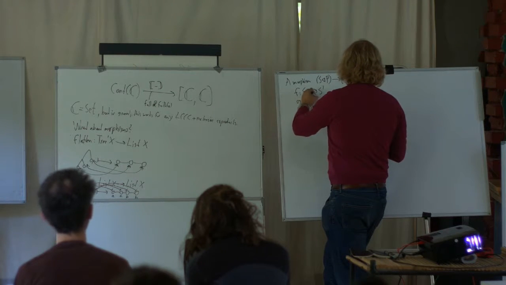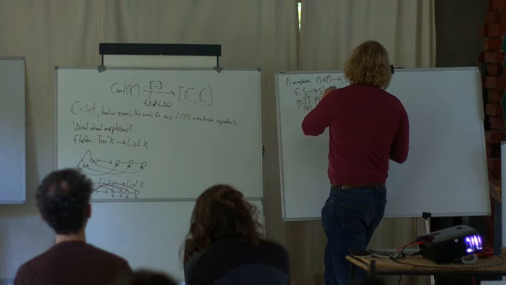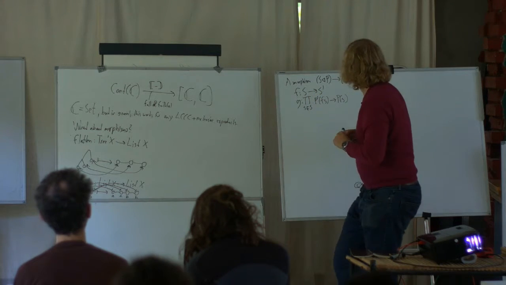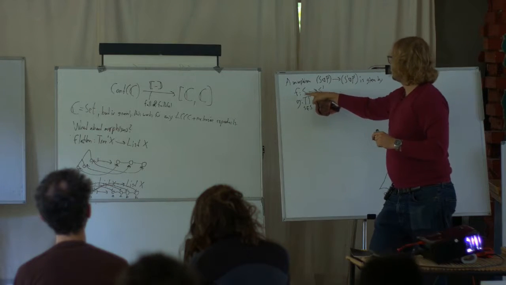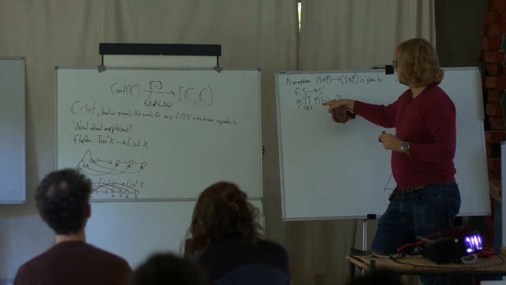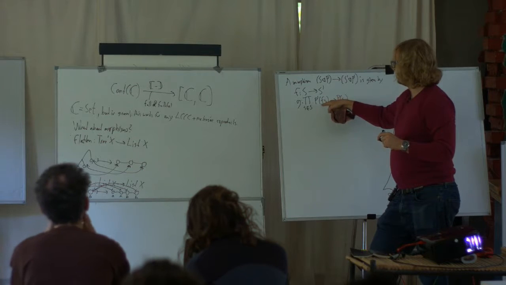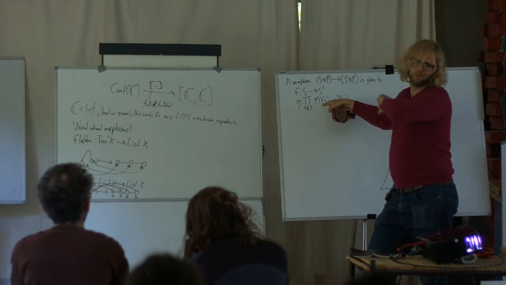So this should go from P prime of f of s to P of s. So I have to use the f to kind of fix up the types, right? So let's go from P prime of the thing I mapped the shape over to, and then I go back.